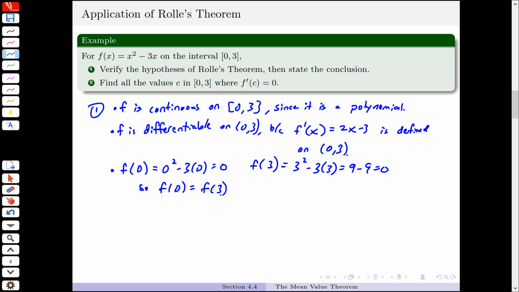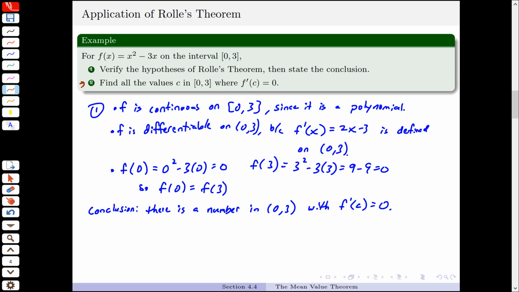Okay, so then the conclusion is that there is a number c in the interval 0 to 3 with f'(c) equals 0. Now let's look at part 2. Find that value.